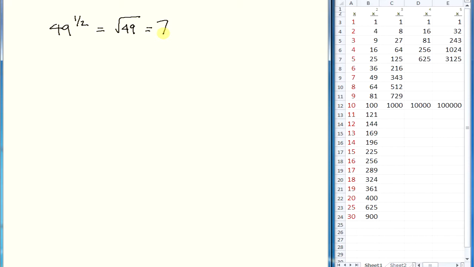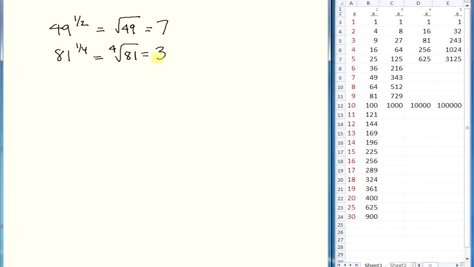So if I was to ask another problem that said, for example, 81 raised to the 1/4, I really am asking the fourth root of 81. I can come over here to my chart. I can look at that the 81 is listed as my fourth root. I come over to this cell, and I see that the fourth root is going to come back as 3.